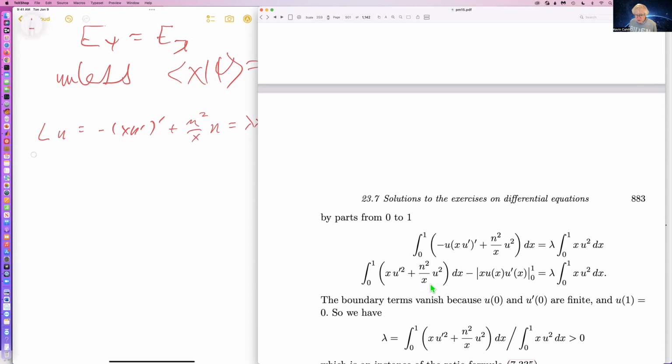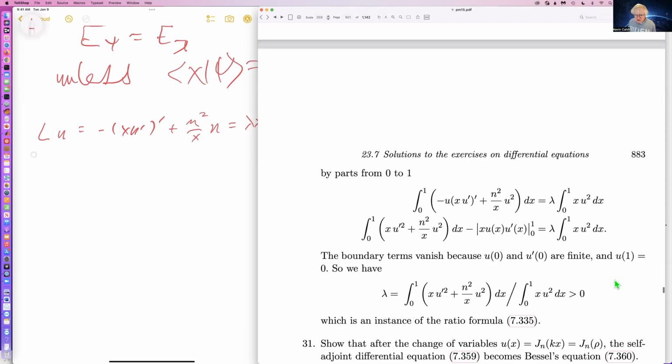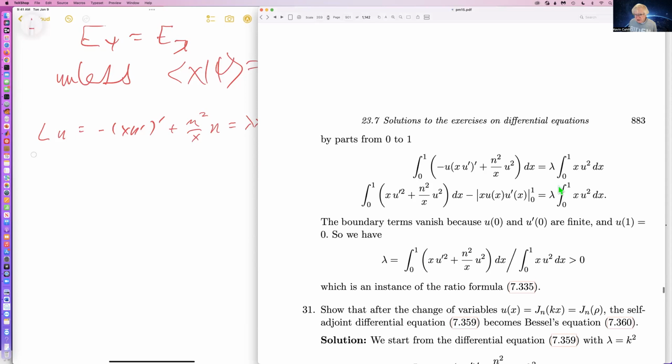And we integrate by parts, and we get this boundary term. The boundary terms vanish at zero because these are finite, and u of one vanishes, so the other one vanishes. And so we can toss this away, and we've got that lambda is this over that. And that's a structure that's intrinsically positive.